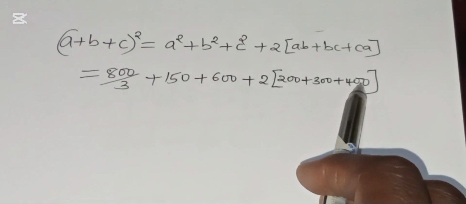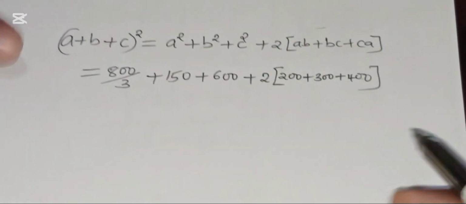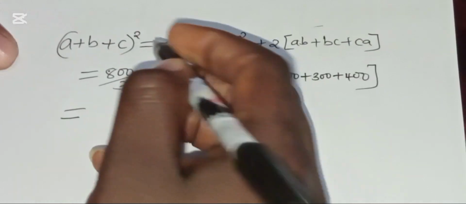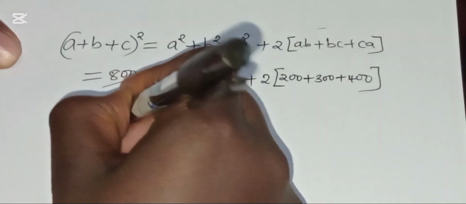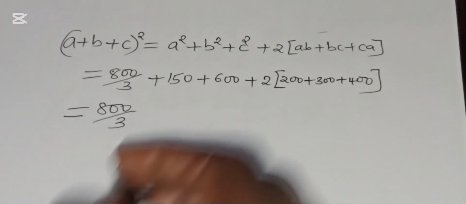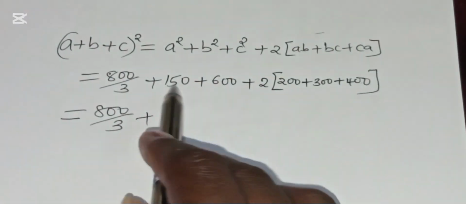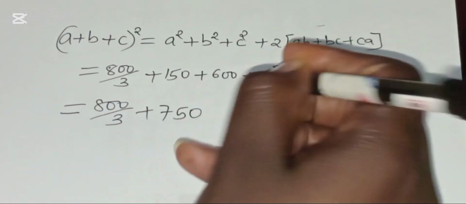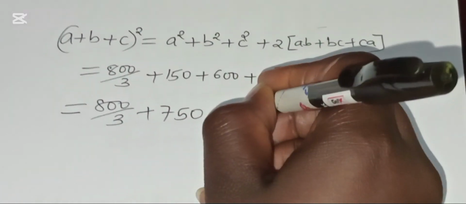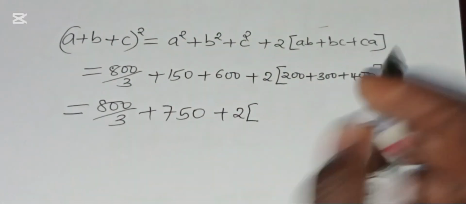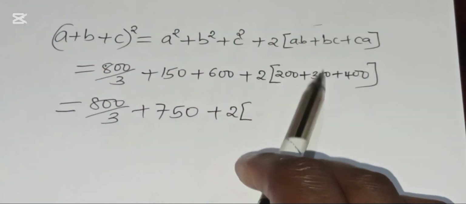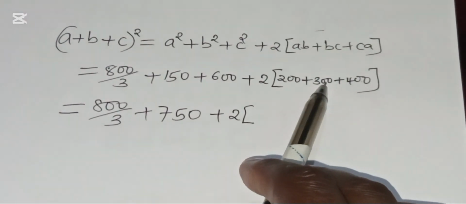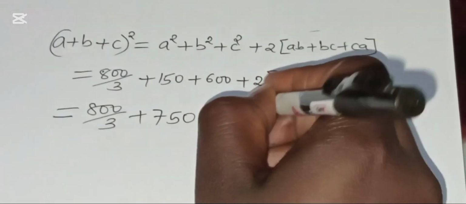Now from here, we are going to have 800 divided by 3 plus, this is 150 plus 600, which is 750, then plus 2 multiplying by, this is 200 plus 300, which is 500, plus 400, which is 900.